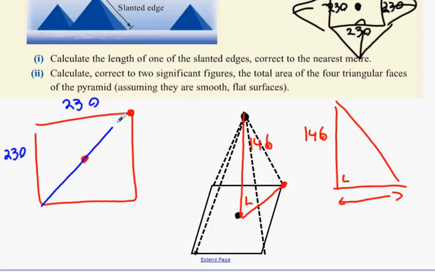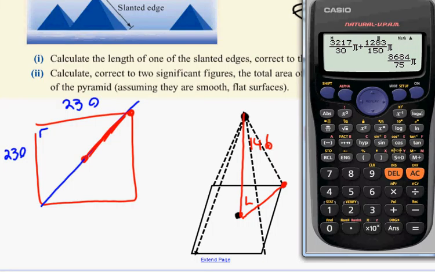I'm going to find this length here. How do I find that length? Pythagoras. Half the distance, and I'll get here to here. So Pythagoras said 230 squared plus 230 squared, square root the answer.